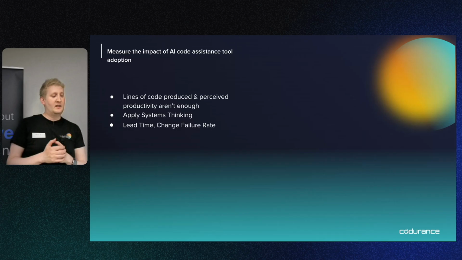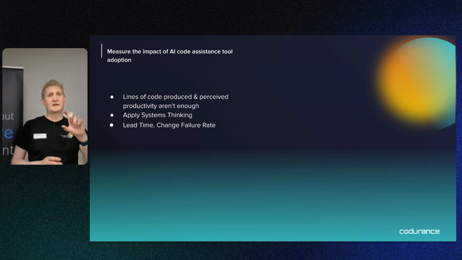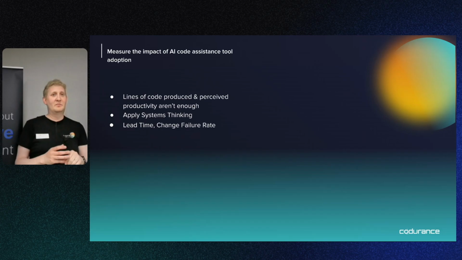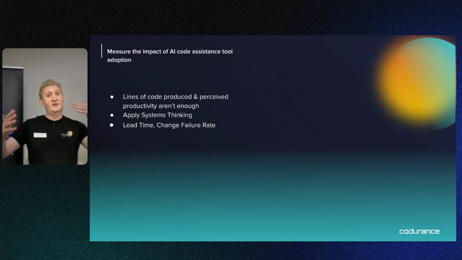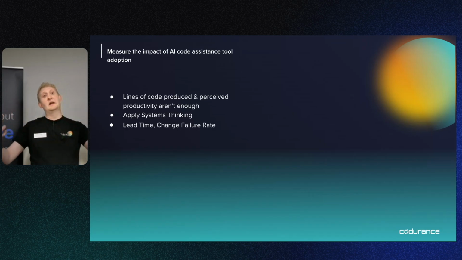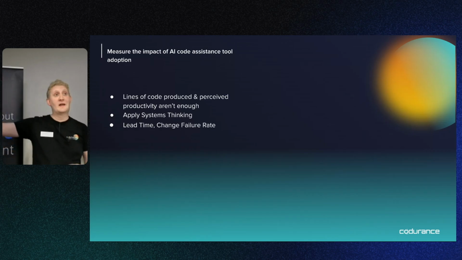If you think about the SDLC as a system, quite often the software development part isn't the bottleneck, right? So being able to produce code faster by leveraging AI tooling might highlight pressure points elsewhere in your software development lifecycle that you might need to address, with or without AI tooling.